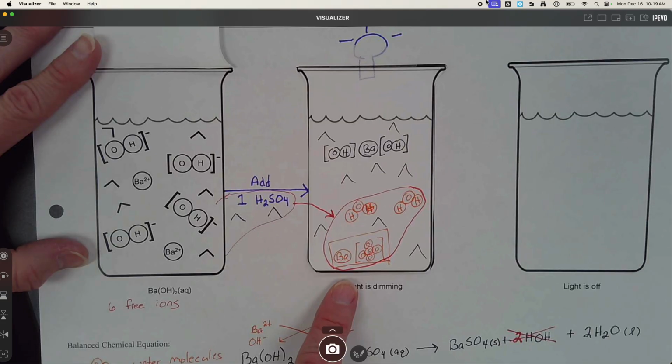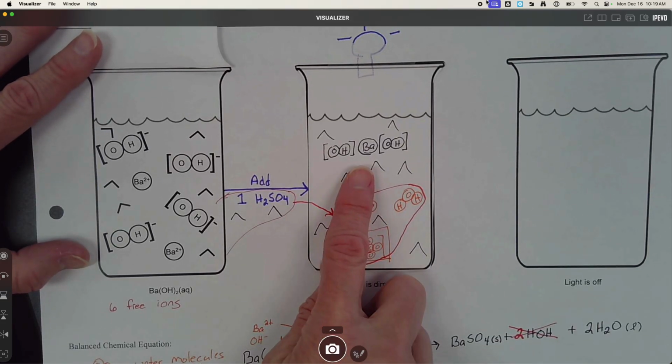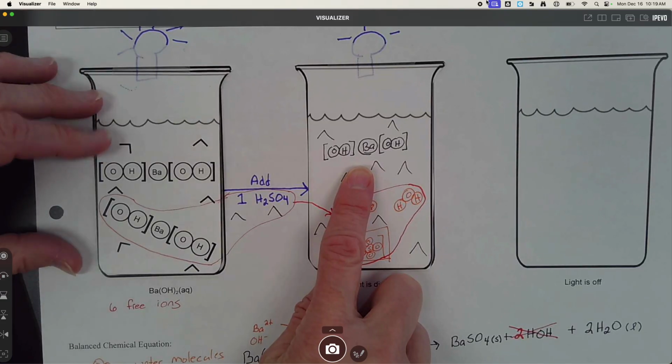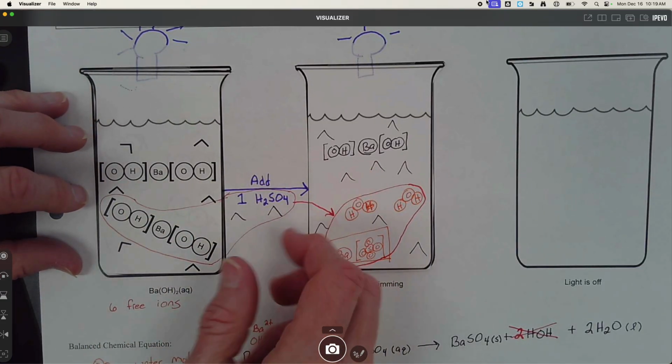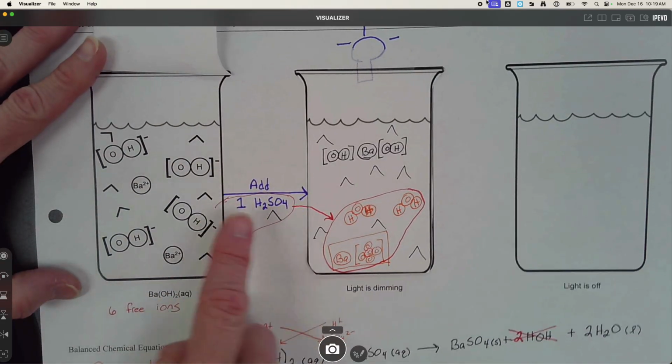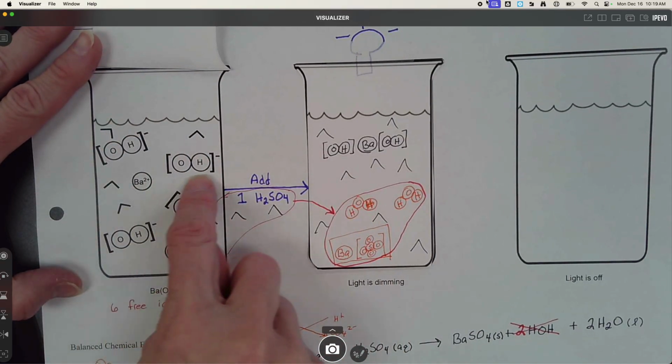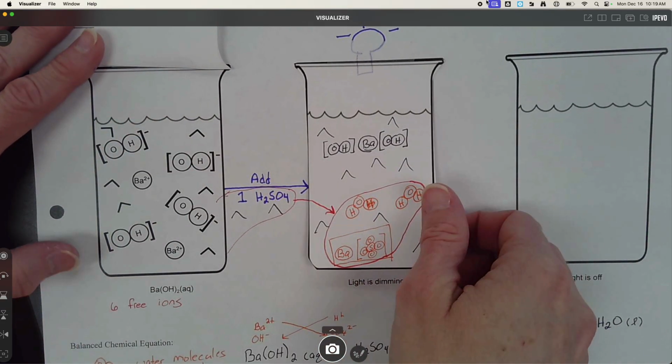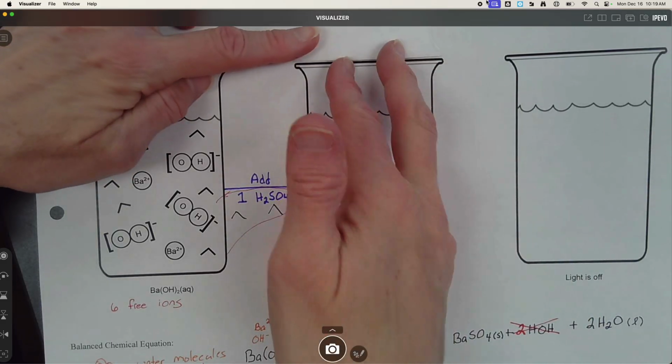Now we're going to generate a bottom flap picture of this situation. Up here we have the barium hydroxide, just like we did here, which must mean that at the bottom flap, this barium hydroxide looks like it does here. So let's put that one into place first.